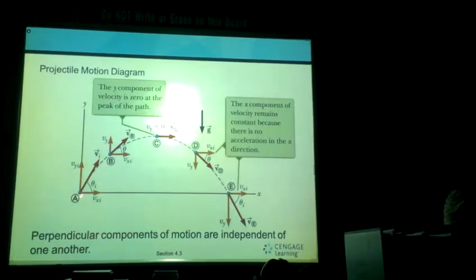So overall, here's my overall vector, resultant vector between the Y and the X. Same thing here. Here's my overall vector, so they're bolded in, I think, a bolder red. If I'm starting off here, my velocity in the Y direction is going to be this way. As I continue to move up, so as I go from A to B, I see that at B, that Y velocity vector is smaller than what it was at A. Why would that be the case?